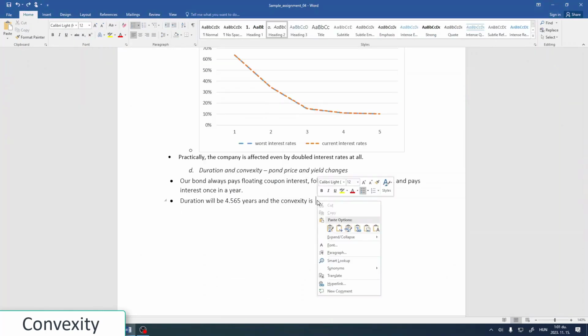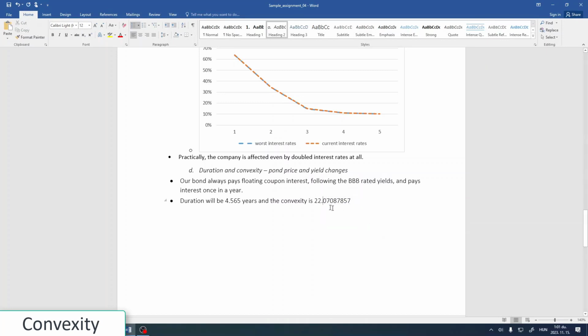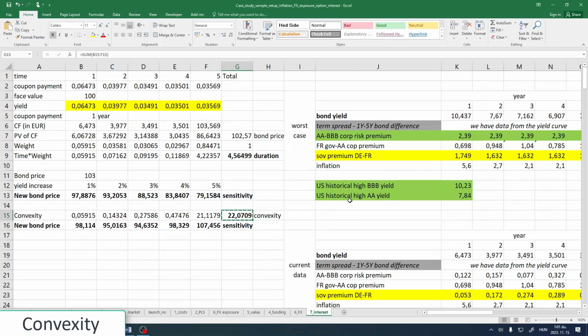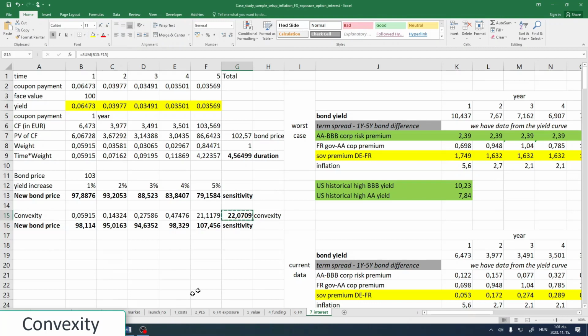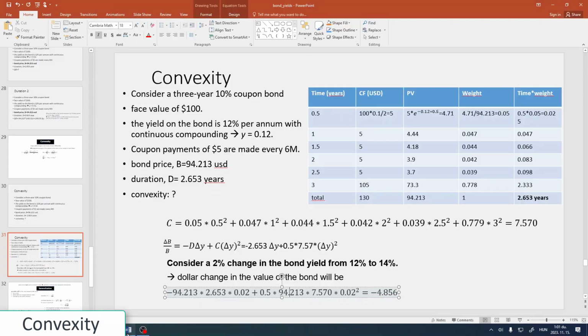Just the number without any further formatting, because it's still in years, yeah, it's years. Year squared.